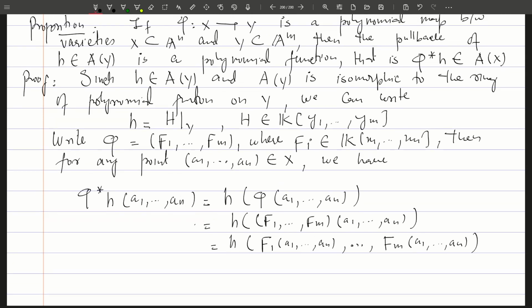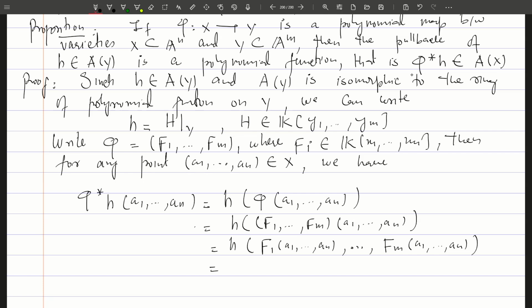Now this is same as the polynomial h in f1 of x1 up to xn. Since a1 up to an is a point in x, we can write this as h of f1 of x1 up to xn, so on fm of x1 up to xn.